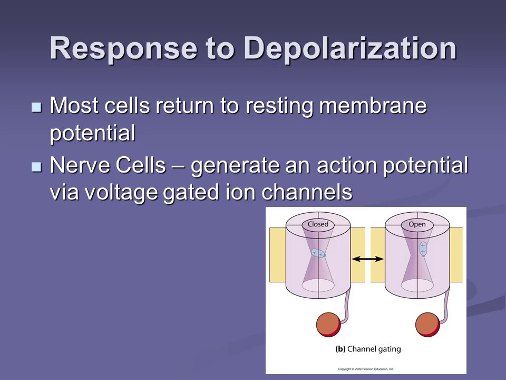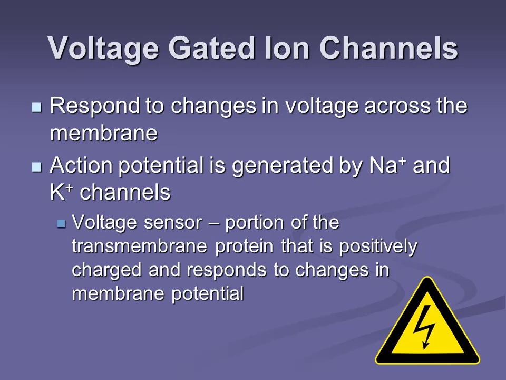What must we do? We've got to let more positives in. What do you think the more positive ion we're going to let in is? Sodium, because we've got a lot of it out there. All we've got to do is open a gate. The sodium's going to come rushing in. And that gate is what I want to talk about now, because that gate is what we most often refer to as voltage-gated ion channels.